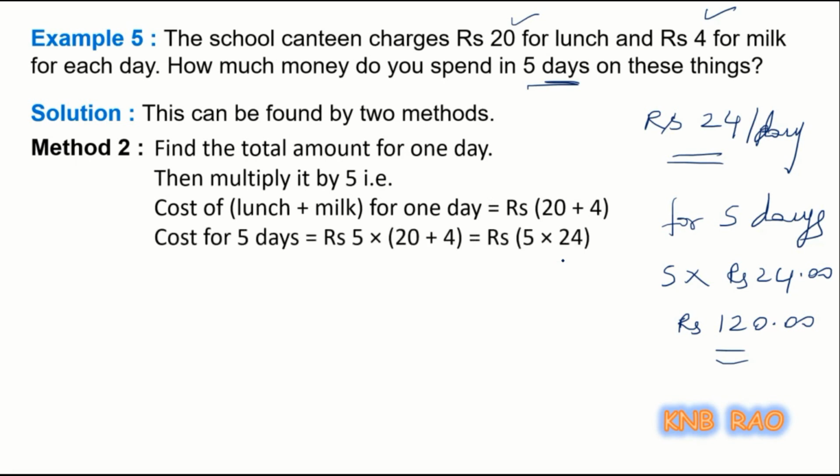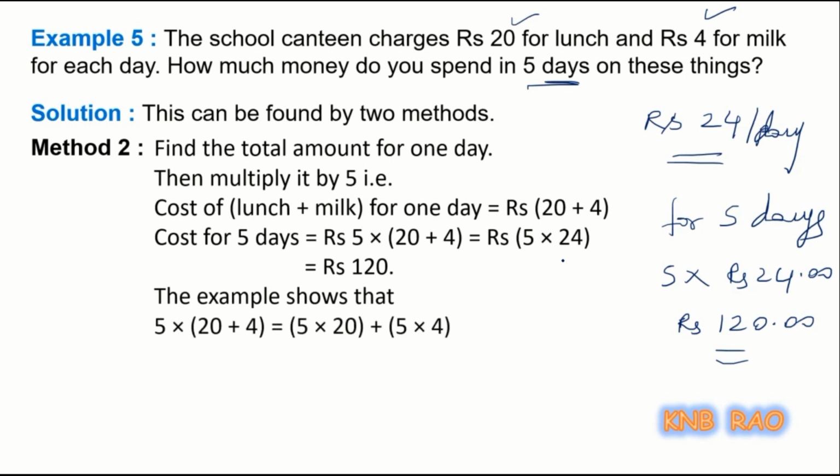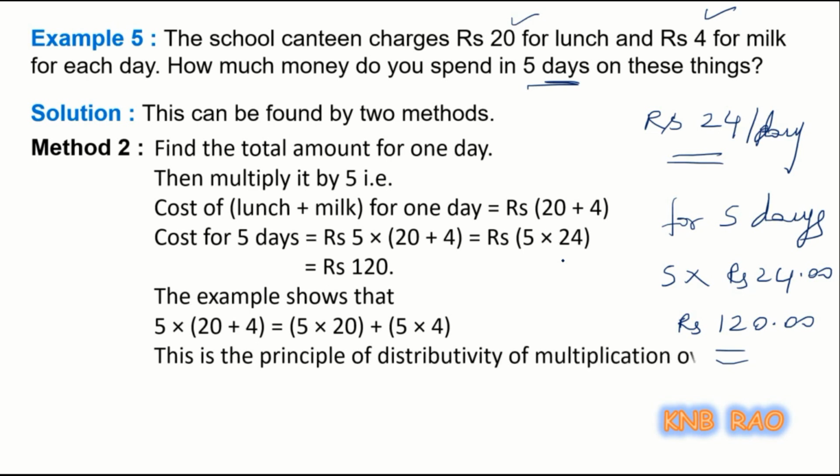The 24 rupees for 5 days becomes rupees 5 into 20 plus 4, which is 5 into 24, equals rupees 120. This example shows that 5 into 20 plus 4 is equal to 5 into 20 plus 5 into 4 separately. This is the principle of distributivity of multiplication over addition. So students, this is one of the examples.